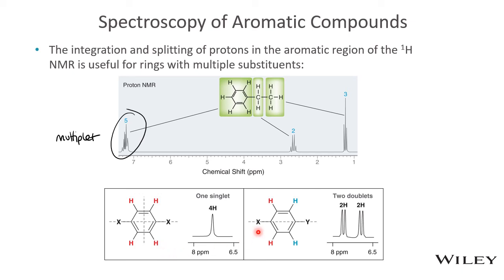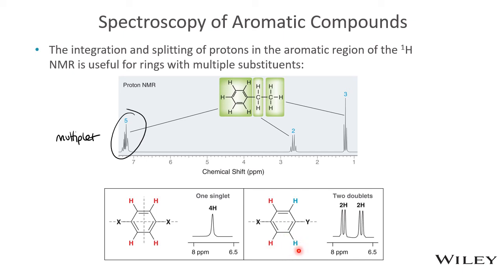Now, in a para-substituted benzene ring with two different groups, we get this type of pattern of two sets of doublets. And that's because the hydrogens that are closest to X represent one type of group. The hydrogens closest to Y represent a different one. So the red hydrogens will be split by one neighbor of the blue hydrogens, so they will become a doublet.